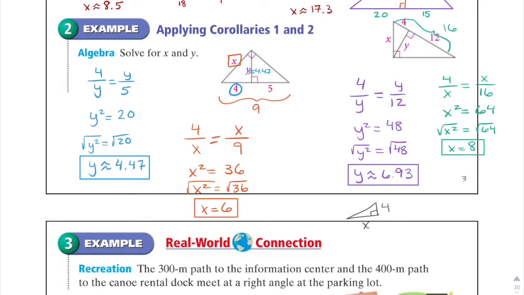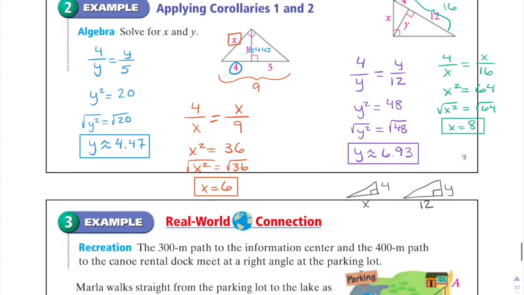Then you might want to write out this triangle. If you spin it and look at it in a different way, you have 12 as the long side and y as the height. And then you have this one going in the other direction, but that's your outer one, and you have x, an unknown, but you have a length of 16.